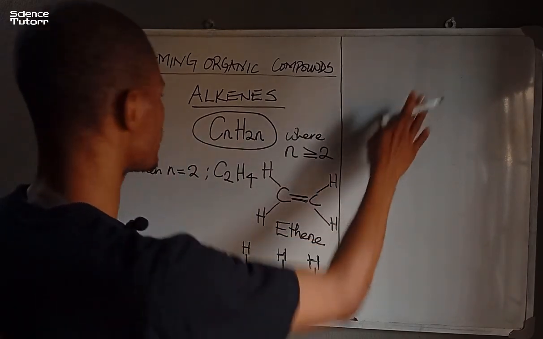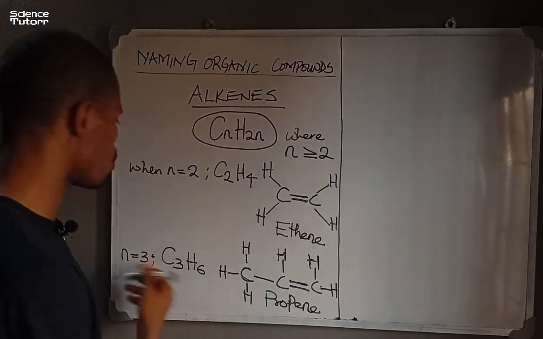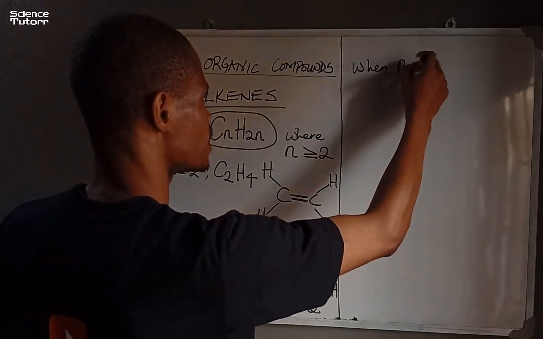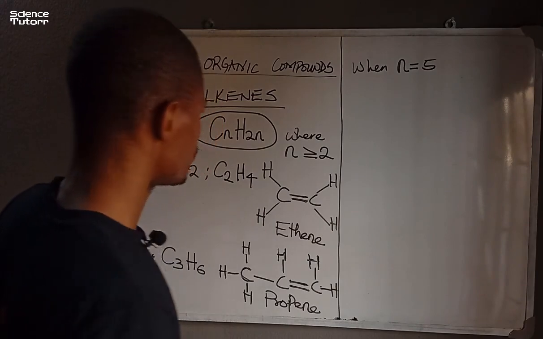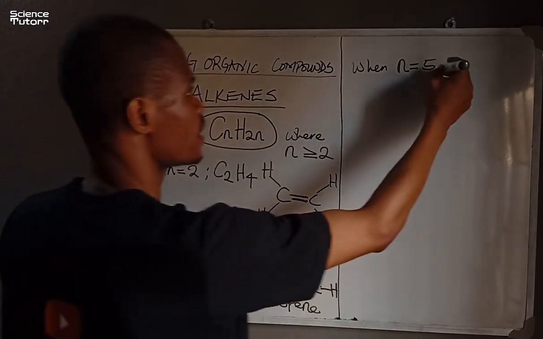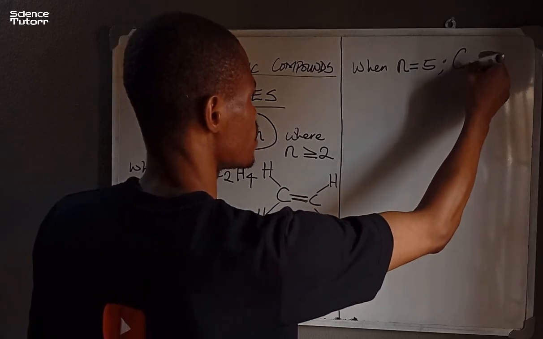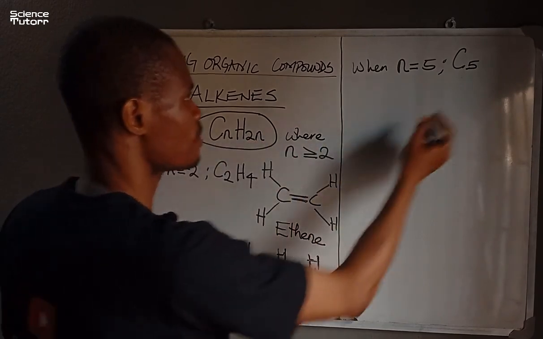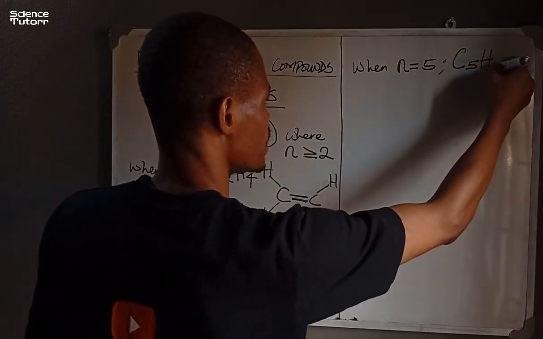And then the likes keep going on and on. For example, when n equals 5, substituting n to be 5 here, we have C5, 2 times 5 is 10, C5H10.